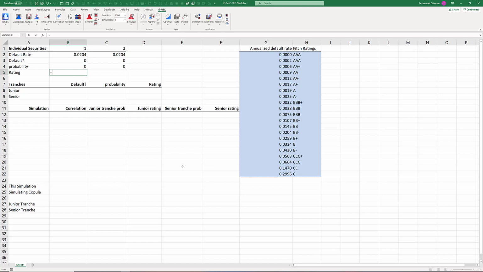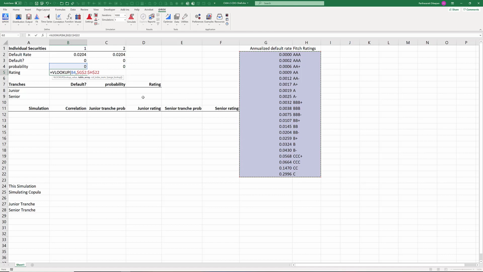So if you did VLOOKUP, the lookup value is this probability, that is the average of default or not default. Then we'll do an F4, so we'll be able to copy this over here.